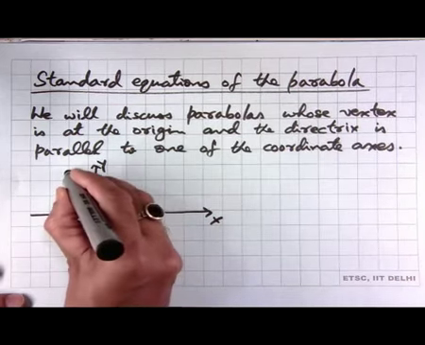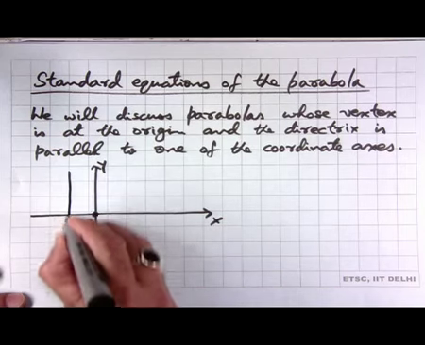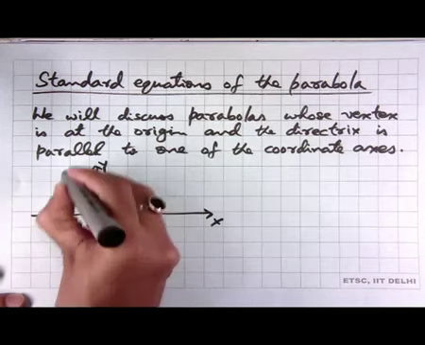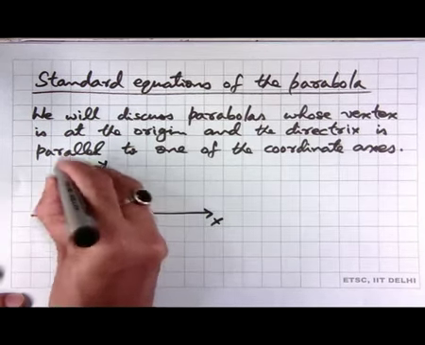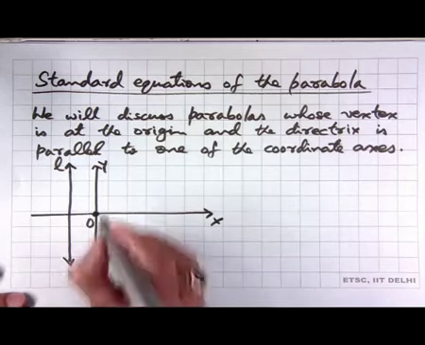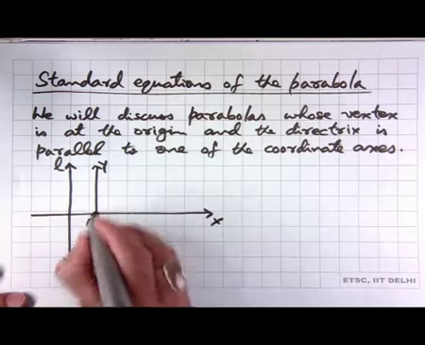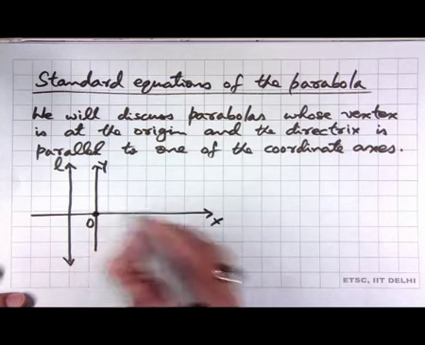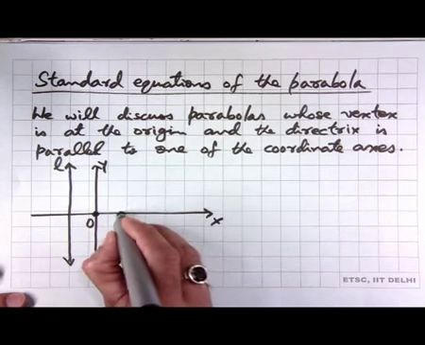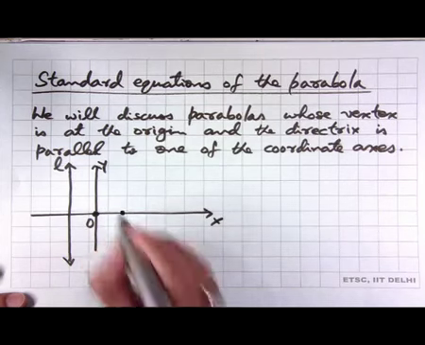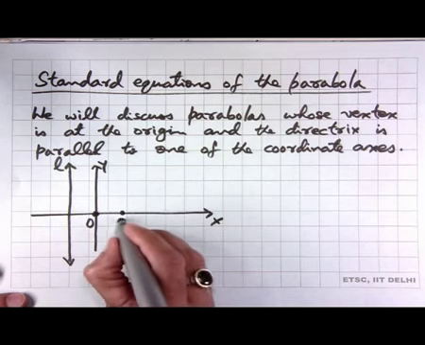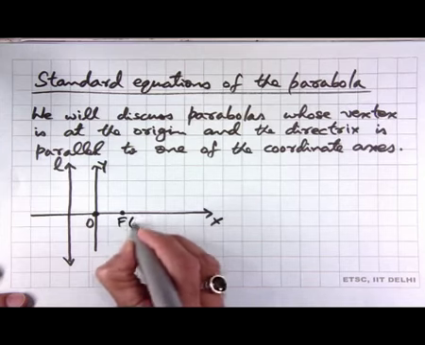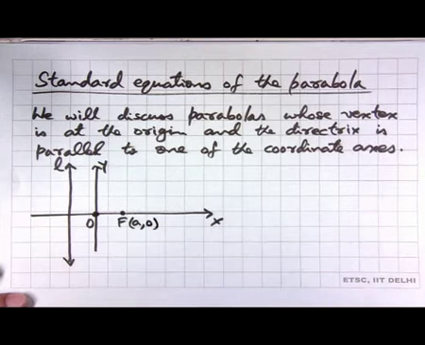So, let us take this to be directrix line L. Then where is focus? So, focus will be on the x axis in this case. So, let us say the coordinate of this focus is a comma 0.